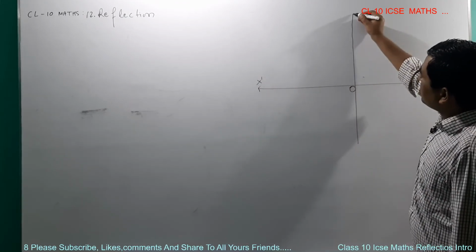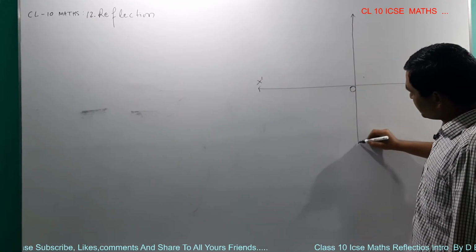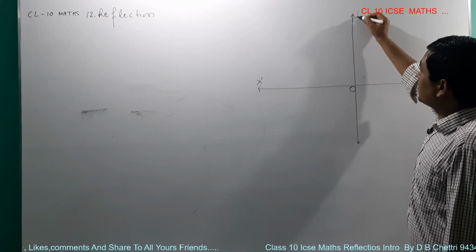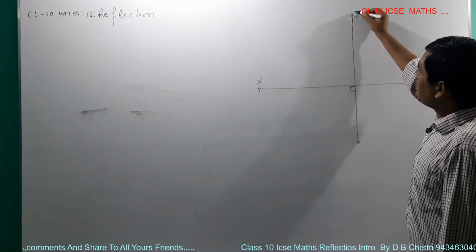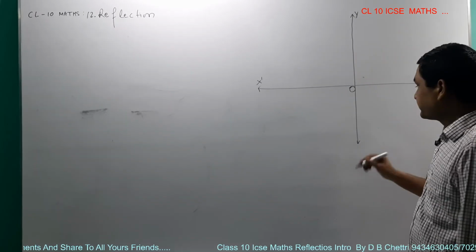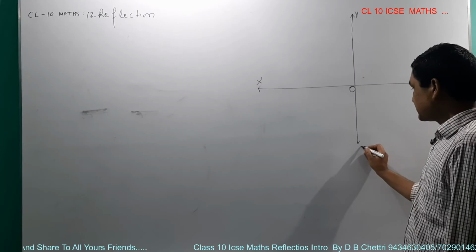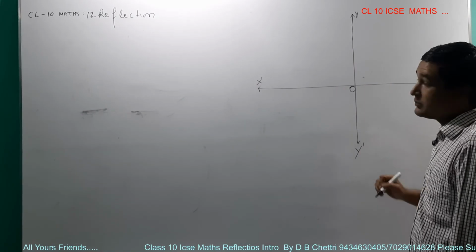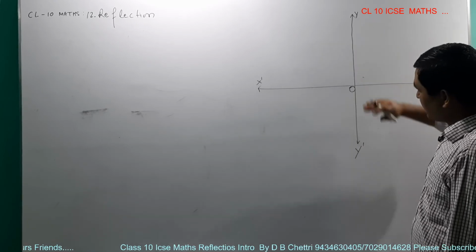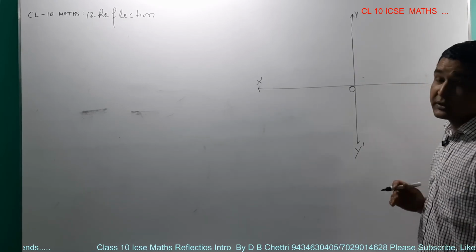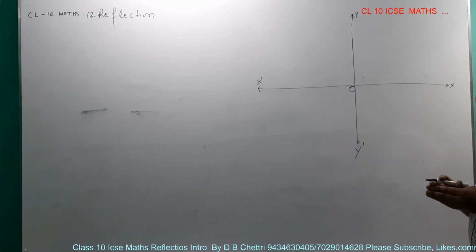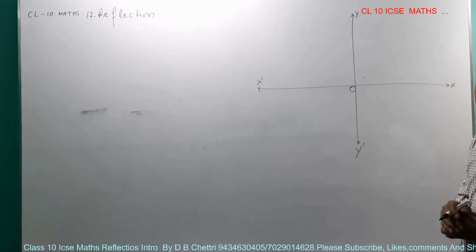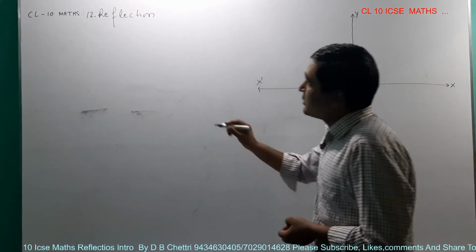Then this vertical line is the y-axis. Above the origin is the positive y-axis, represented by y, and below the origin is the negative y-axis, represented by y dash. Writing a point in terms of x and y is called a coordinate.